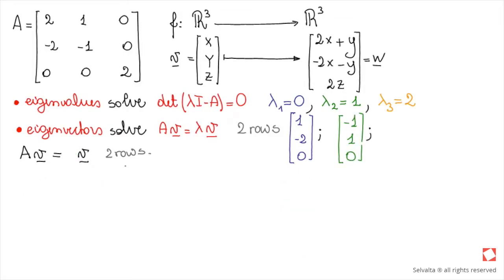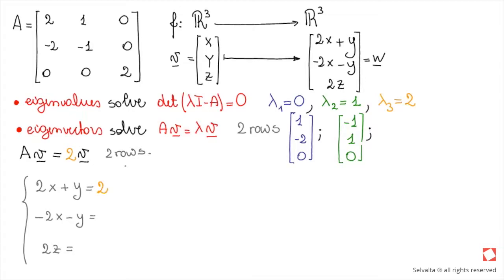And finally, concerning the third eigenvalue, we have to solve the system AV equal to 2v, and we will keep only 2 rows out of 3. The system gives in the left-hand side 2x plus y, minus 2x minus y, and 2z. This has to be put equal to 2v.